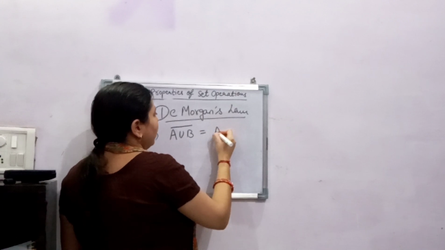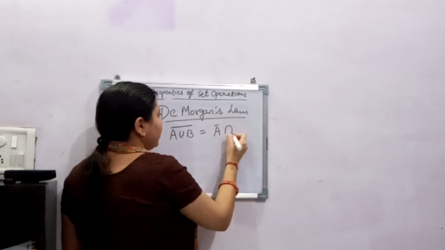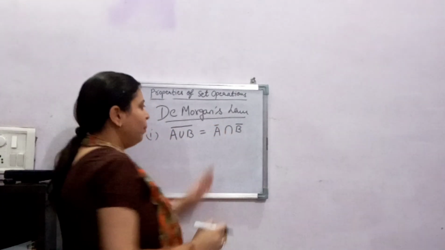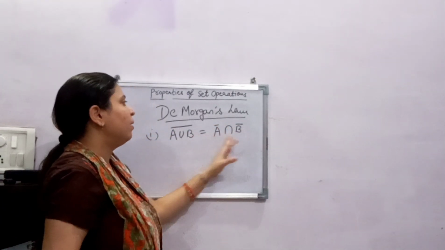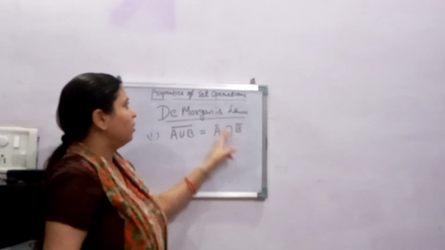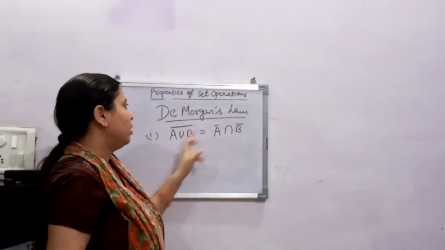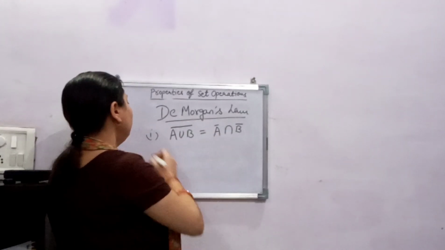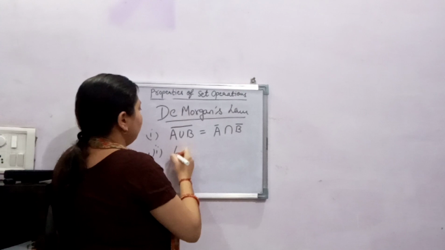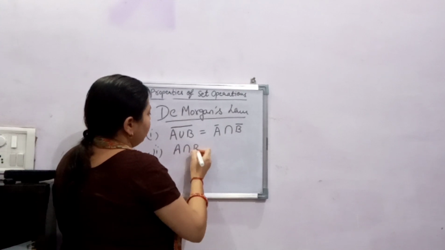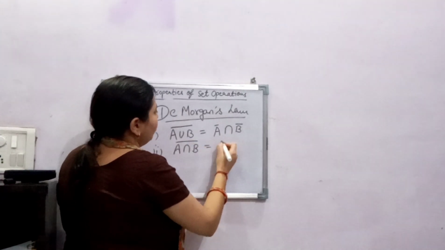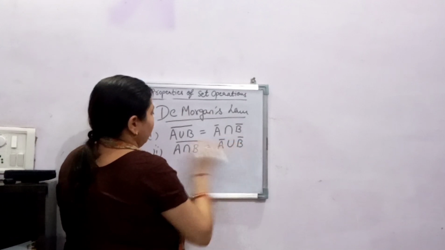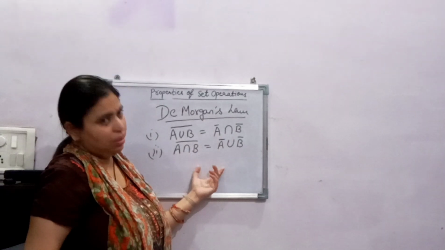It will open as A complement intersection B complement. The complement will be there, but when we separate it, we change the operation. Here it is union, here it is intersection. Next, if there is A intersection B, then also you will separate it and change the operation. So these are the two De Morgan's laws.